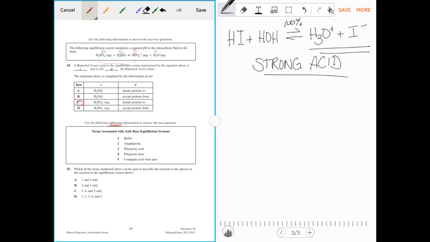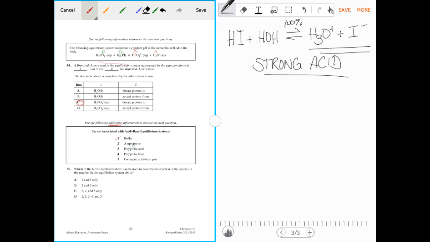If we were to add an acid to this, we could form the conjugate acid of the HPO4 minus to minimize the change into a base. So we could actually consider this a buffer, and we can check that off. We have amounts of the conjugate acid and the conjugate base buffering each other to minimize that pH change. Again, remember, we only talk about buffers when we're talking about weak acids or weak bases or both.